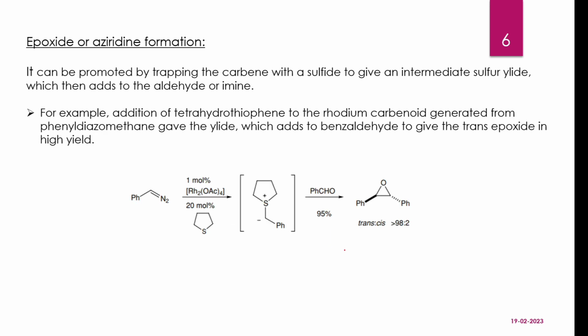So come to the next thing. Epoxide or aziridine formation. It can be promoted by trapping the carbene with a sulfide to give an intermediate sulfur ylide, which then adds to an aldehyde or imine. What they are saying?